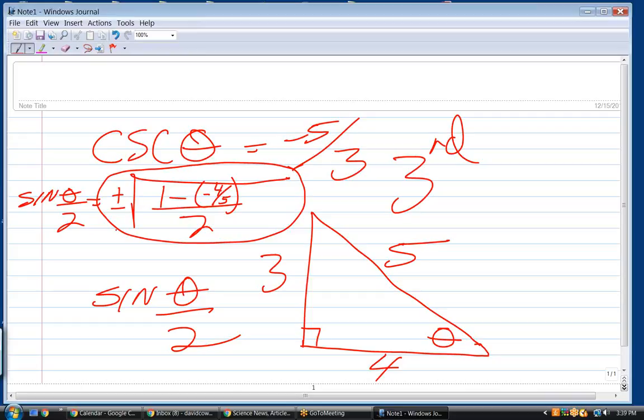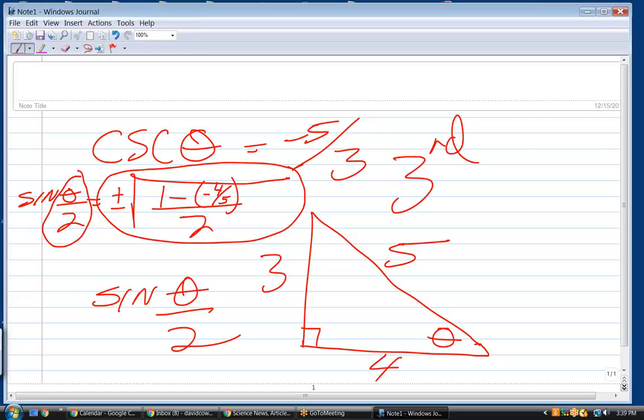Let me think about that for 2 seconds here. Yeah. In other words, theta is a third quadrant angle. It's over 180 degrees, less than 270. Well, theta over 2 must be a second quadrant angle.